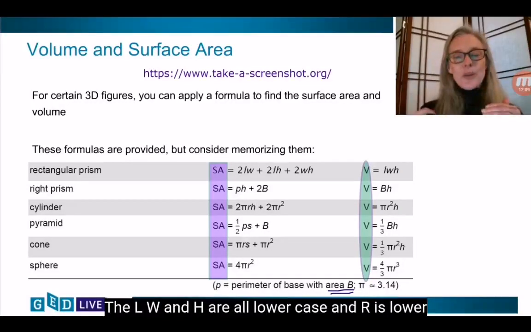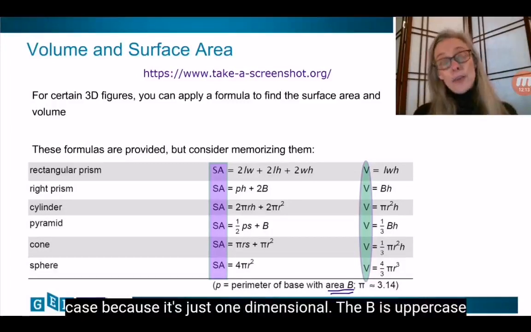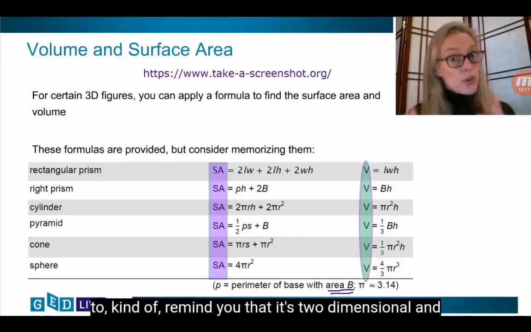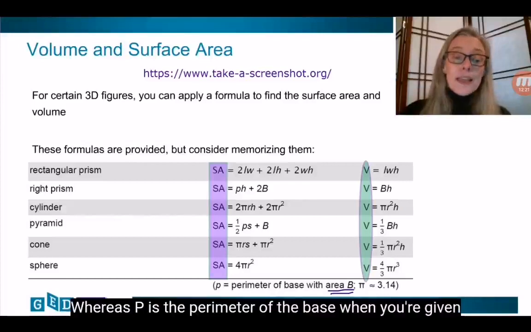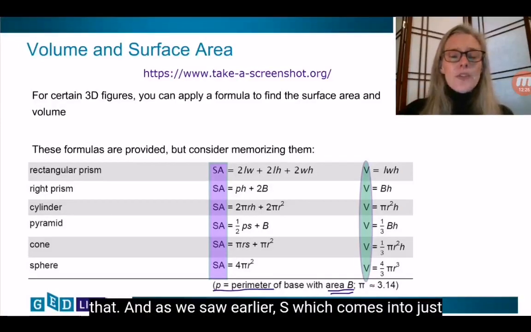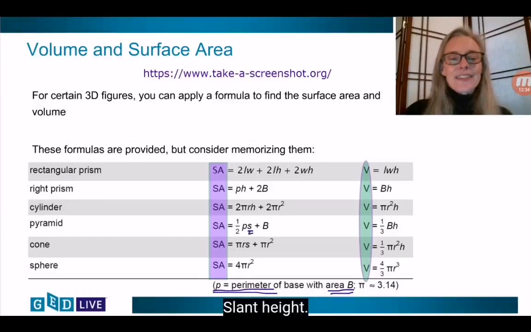The L, W, and H are all lowercase, and r is lowercase because it's just one-dimensional. The B is uppercase to remind you that it's two-dimensional and you have to calculate that area. Whereas P is the perimeter of the base when you're given that. And as we saw earlier, S, which comes into just two of these formulas, is your slant height.